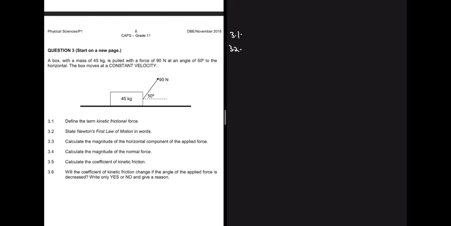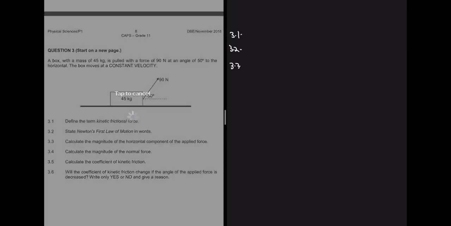And then 3.3 says calculate the magnitude of the horizontal component of the applied force.